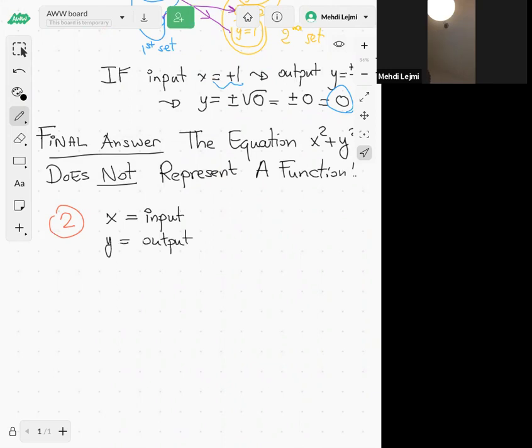The question is: does the equation minus x plus y cubed minus 2 equal to x squared represent a function?